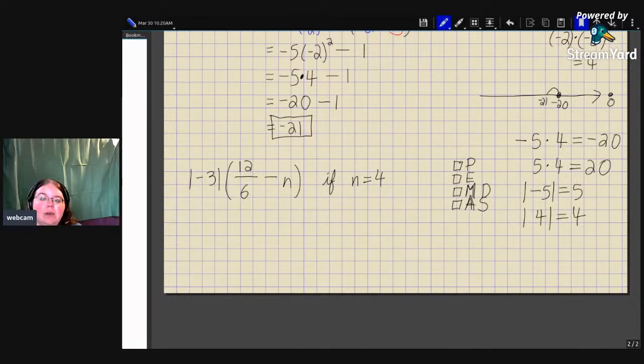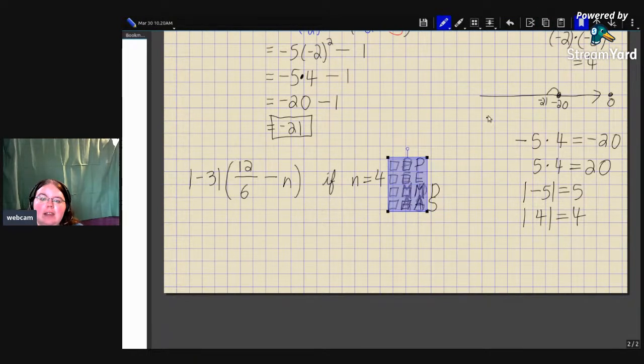Okay, so let's see. We've got parentheses. Now here we have a tricky thing because we have to decide, well, what do we do first? The division or the subtraction? So even within the parentheses, the order of operations applies. So sometimes this expands out a bit.